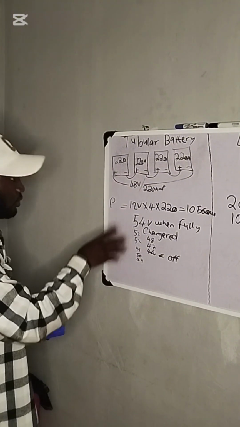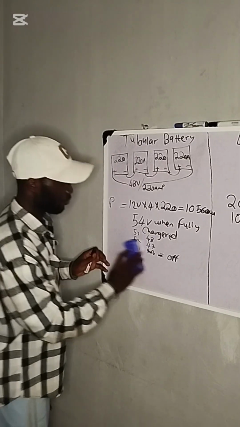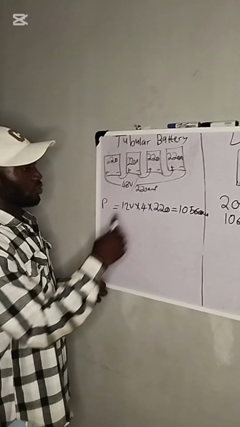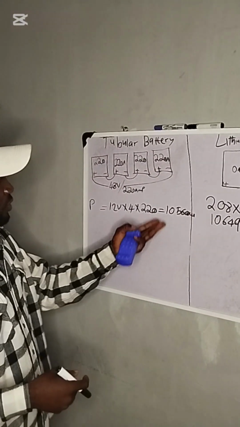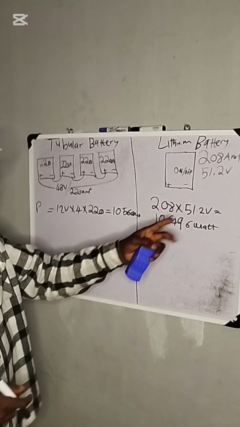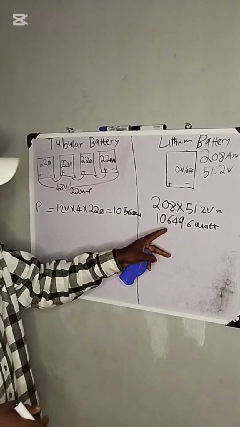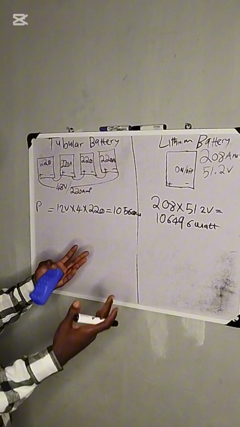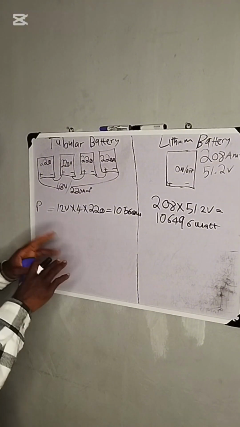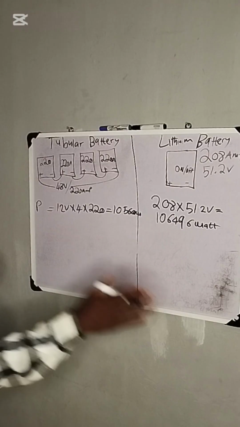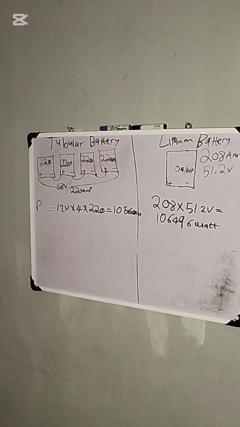I have to clean up this illustration. Back to where I stopped. If you check here, the tubular battery is 10,560 watts, and the lithium battery is 10,649.6 watts. They have almost the same value, just a little difference.